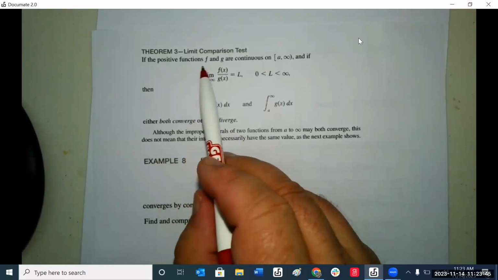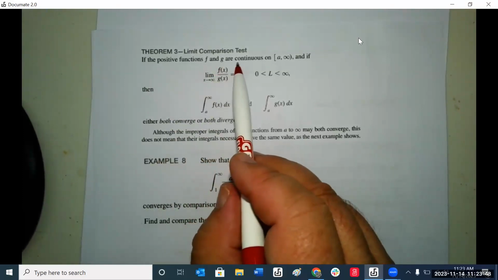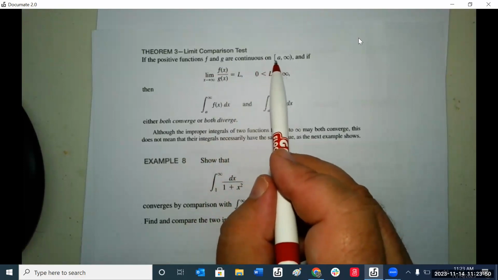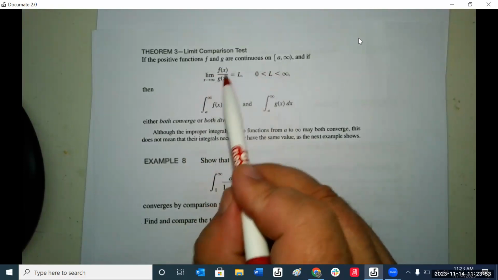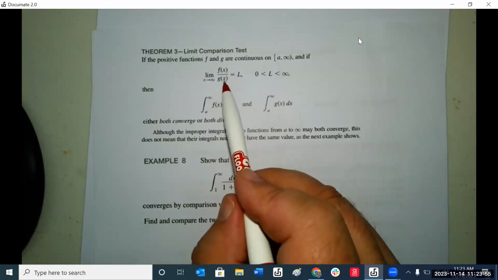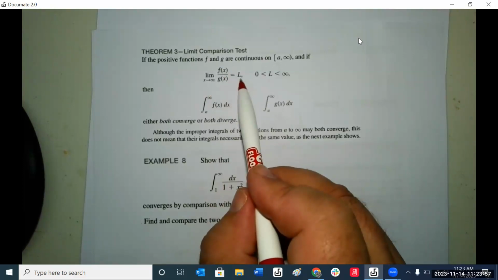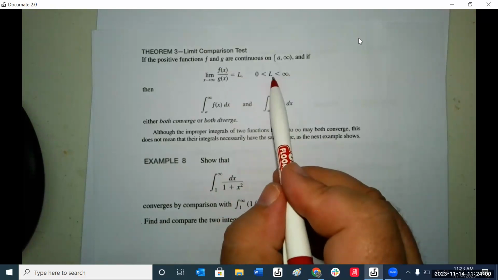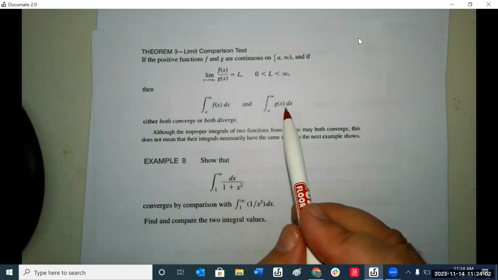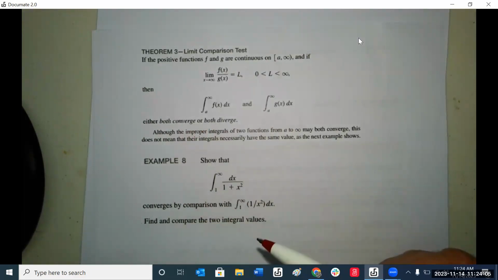Let's look at example 8. Or do we have an example 8? The limit comparison test, yes. If the positive functions f of x and g of x are continuous on this interval, and if the limit of the quotient f of x over g of x as x goes to infinity equals some finite limit, then the integrals of f of x and g of x either both converge or both diverge.